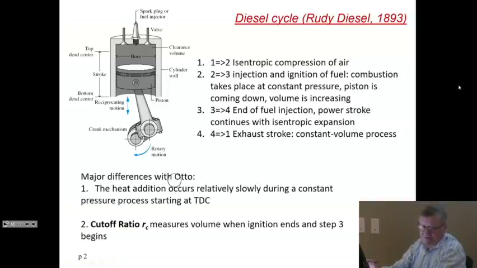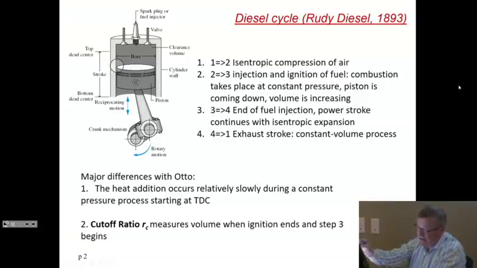So the major difference with Otto is that the heat addition occurs relatively slowly during a constant pressure process starting at TDC and extending for a fraction of the time down. That fraction is the cutoff ratio, R sub C. It measures the volume when the ignition ends and when step 3 begins.